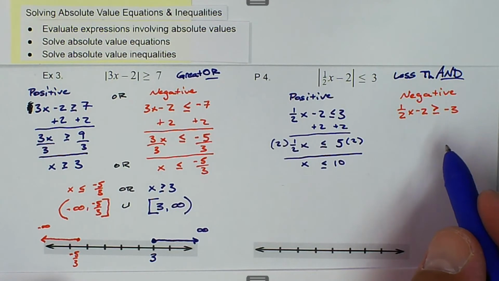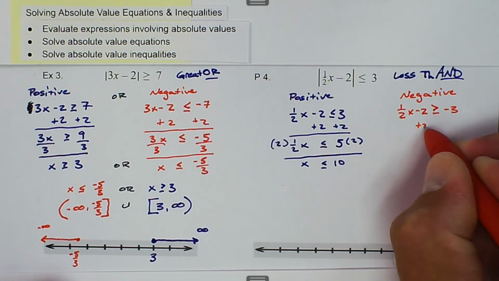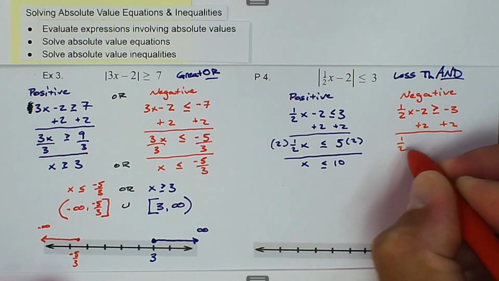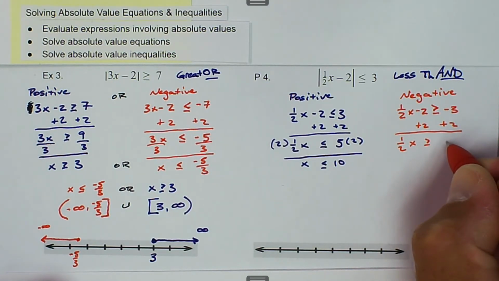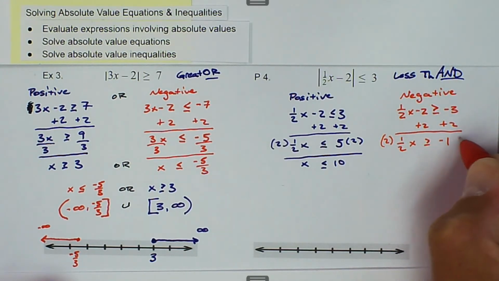Next one that we come to, do the same thing. We're going to add 2 to both sides. And then we get 1/2 x is greater than or equal to negative 1. We're going to multiply by 2.